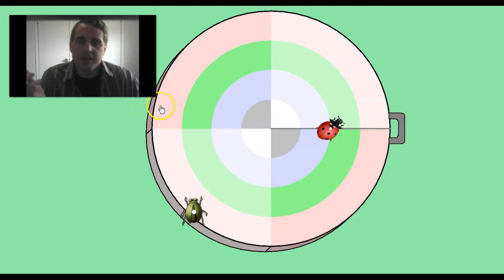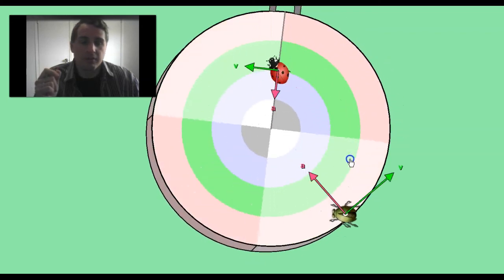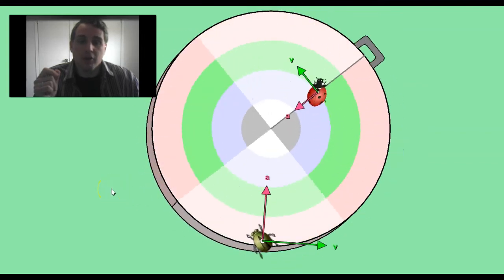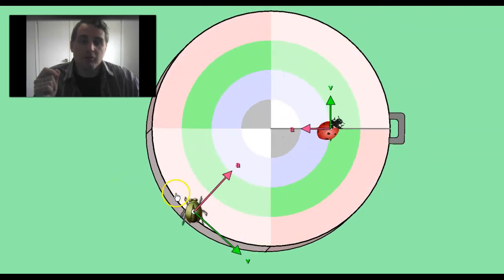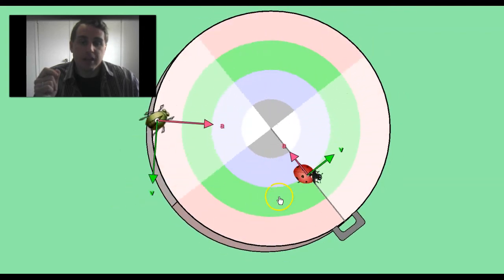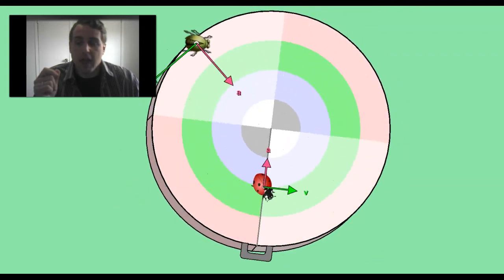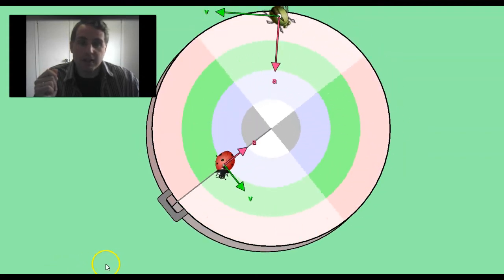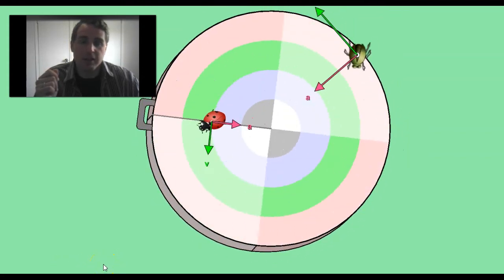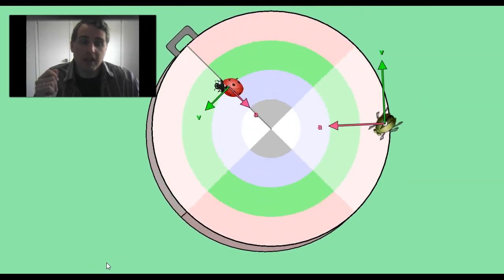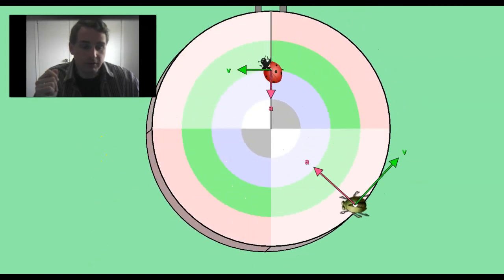So that's the idea. And then furthermore, one of the things you'll see is the difference in tangential velocity and the difference in centripetal acceleration for the objects. Okay, so let's see if we can show that. Look at this. Notice that the object with the smaller radius has a smaller tangential velocity, and the object with the larger radius has a larger tangential velocity and also has a larger centripetal acceleration.